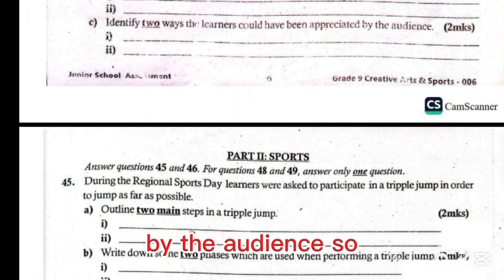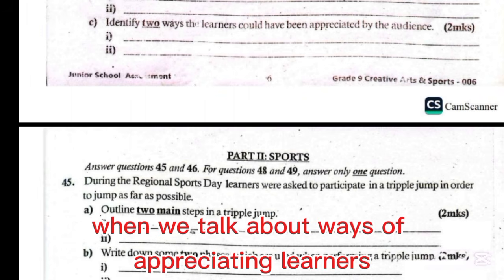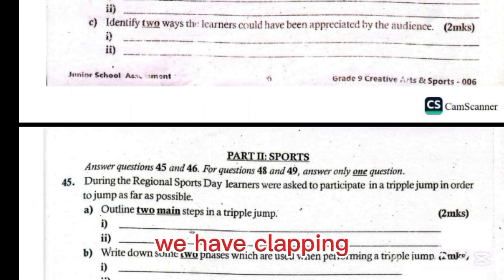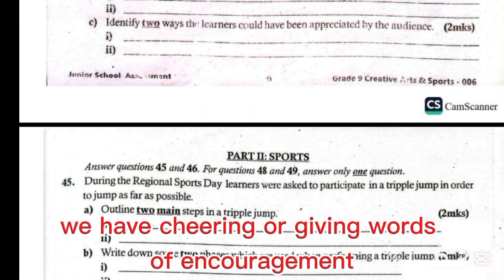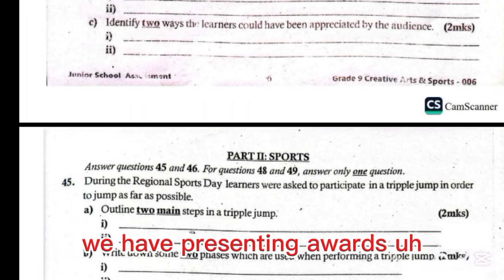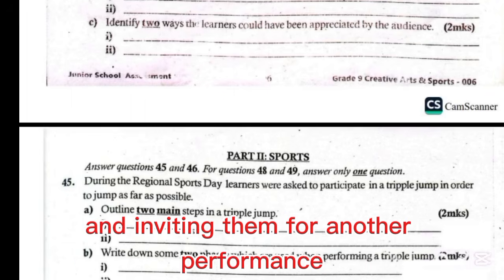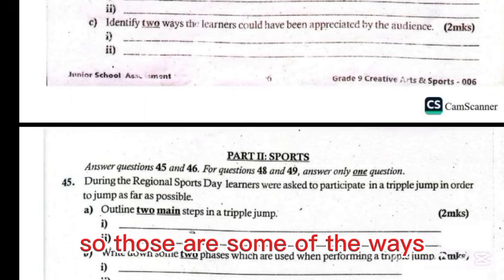Ways of appreciating learners in a folk dance performance include clapping, cheering or giving words of encouragement, presenting awards, complimenting or praising them, and inviting them for another performance. Those are some of the ways.